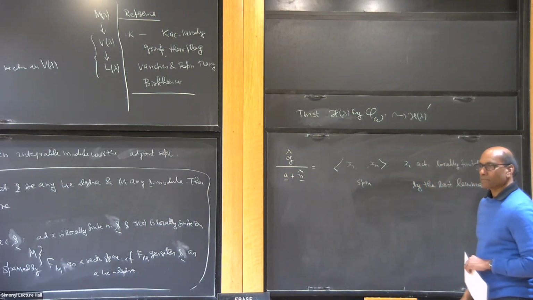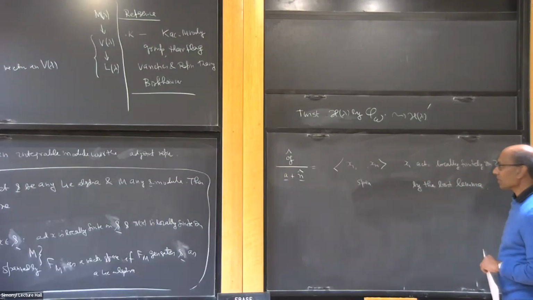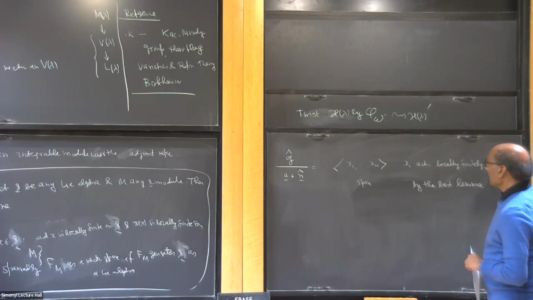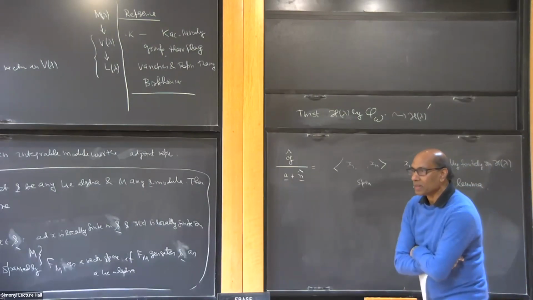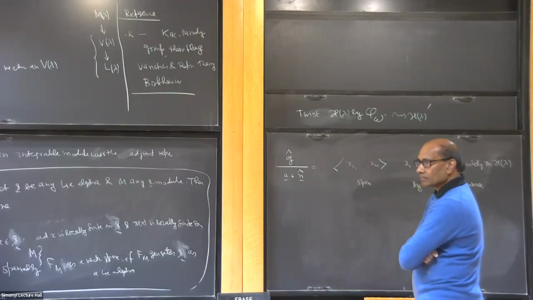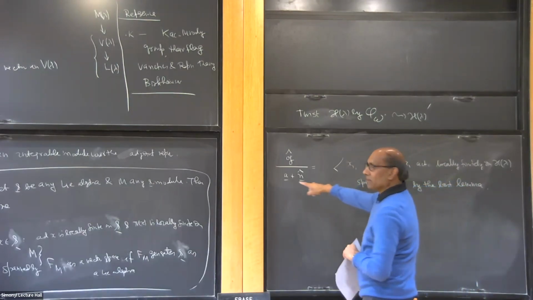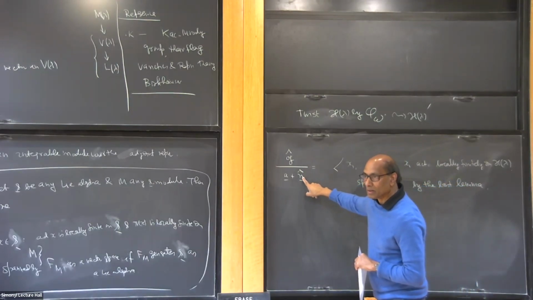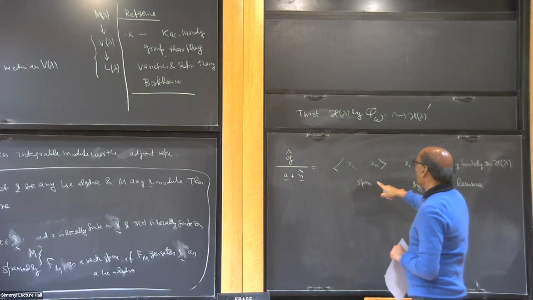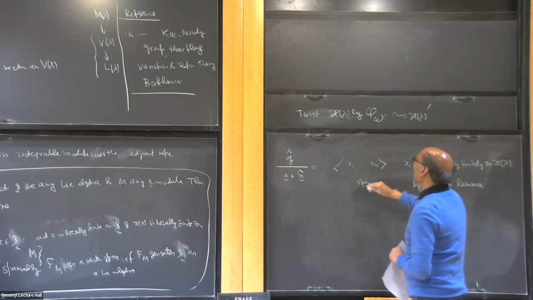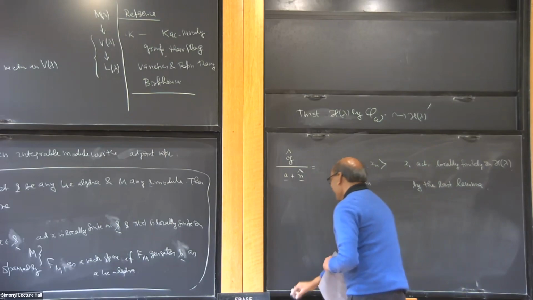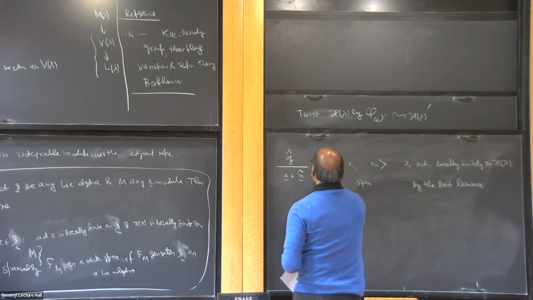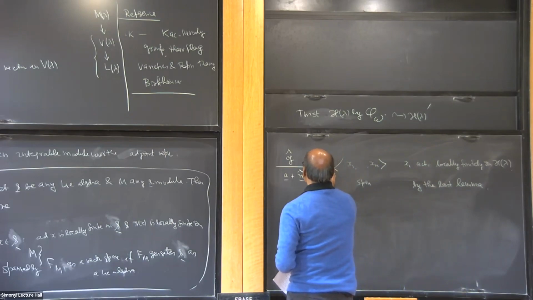The xi are representatives in V hat. Yes, in the quotient, sorry, they are not in the quotient, they are in V hat.